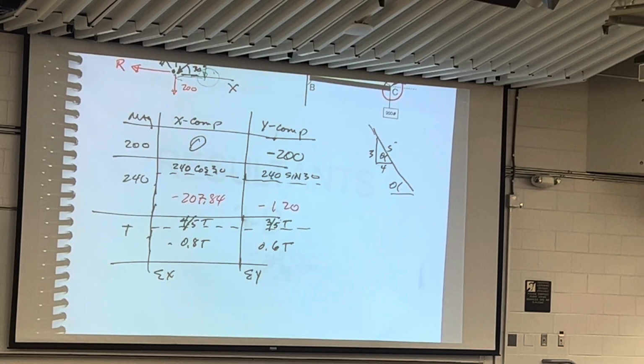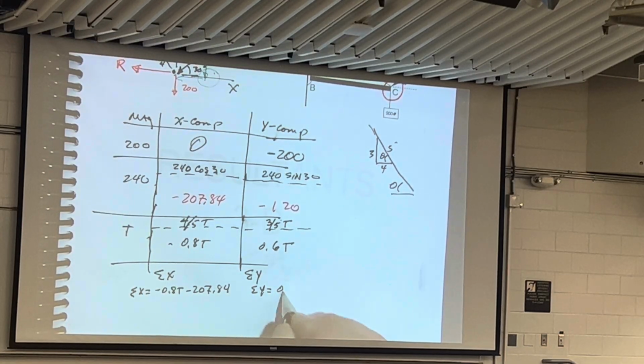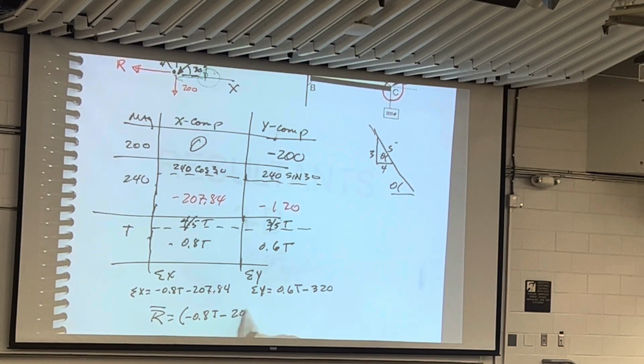Sum this up. This tells me this is minus 0.8T minus 207.84. That's the x summation. The y summation is 0.6T minus 320. So my resultant is really (minus 0.8T minus 207.84)i plus (0.6T minus 320)j.